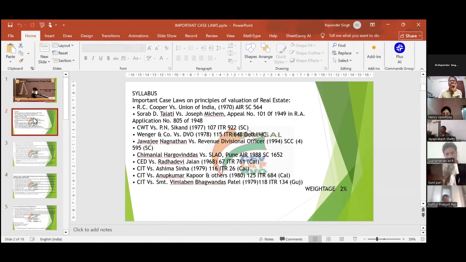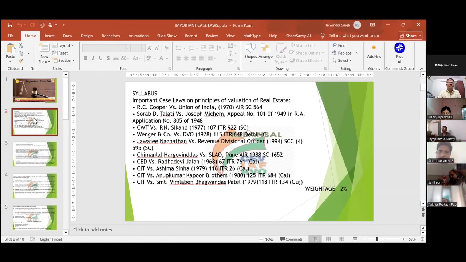So it is having a weightage of 2%, meaning at least you will get a 2 marks question out of it. So there will be 2 types of questions. One will be that a certain paragraph or certain things will be given to you, and you have to answer from which case this statement has been taken. Certain statement will be given to you and you have to name the case.